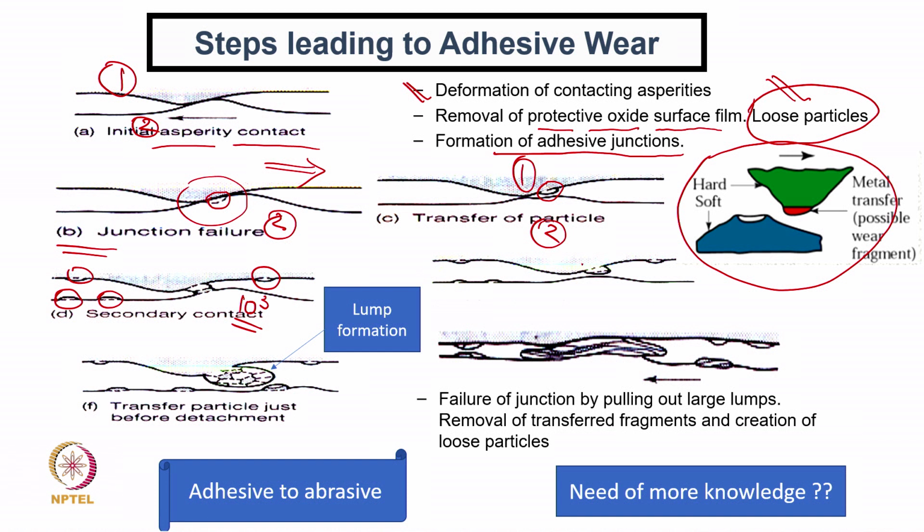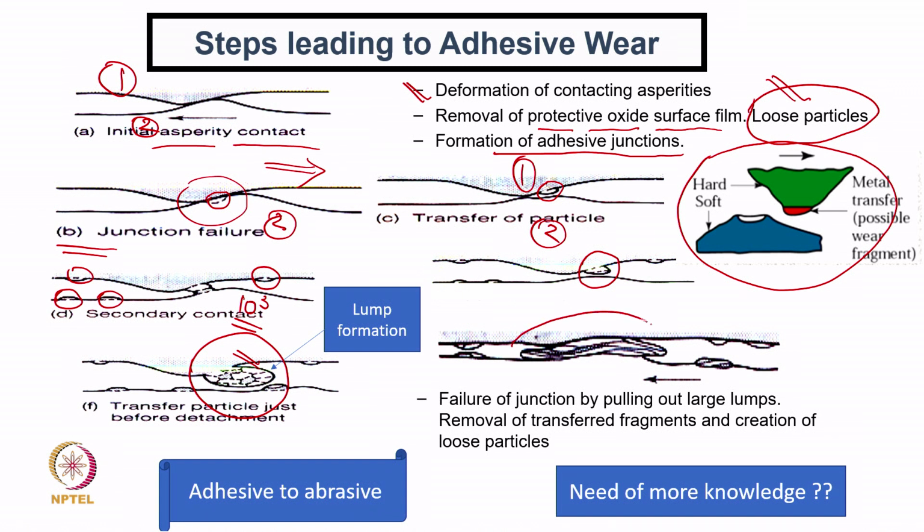You can see here that particle transfer and accumulation is continuously increasing, and here it is a complete big lump formation. Naturally, if the lump is bigger than even the asperities, this will also come under stress and it will get fractured from the surface.